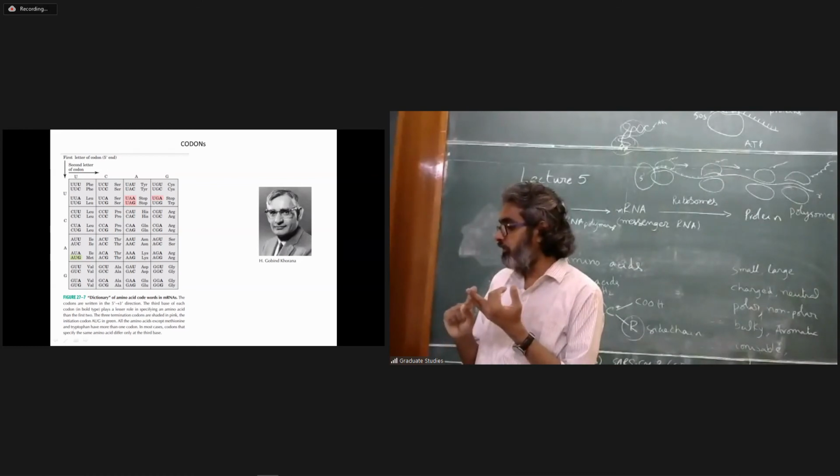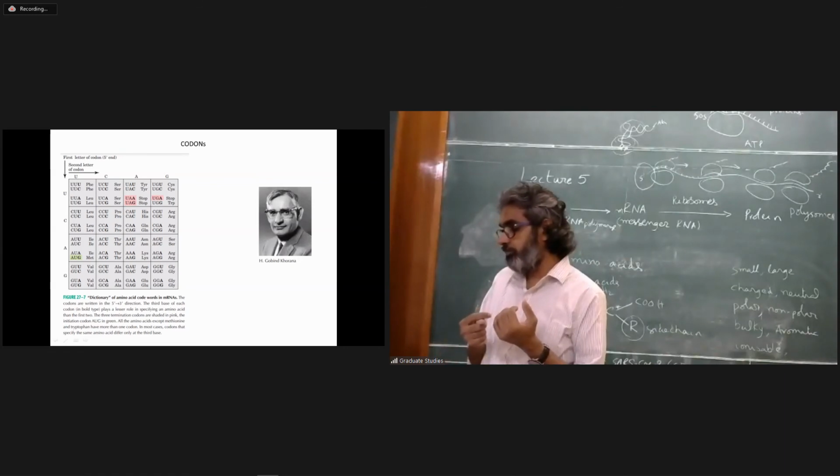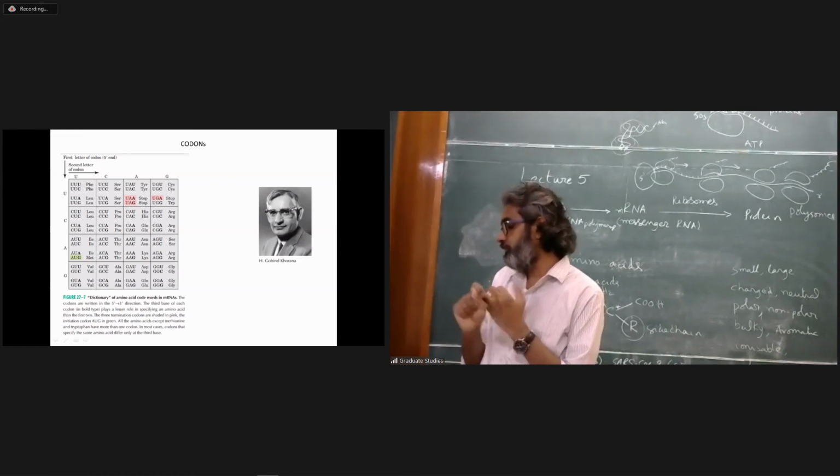Then you need to reserve at least one for stop, so you have only 15, and that's not enough. So you use 3, which means 64 varieties, but 20 are enough, so the other codons are being wasted.